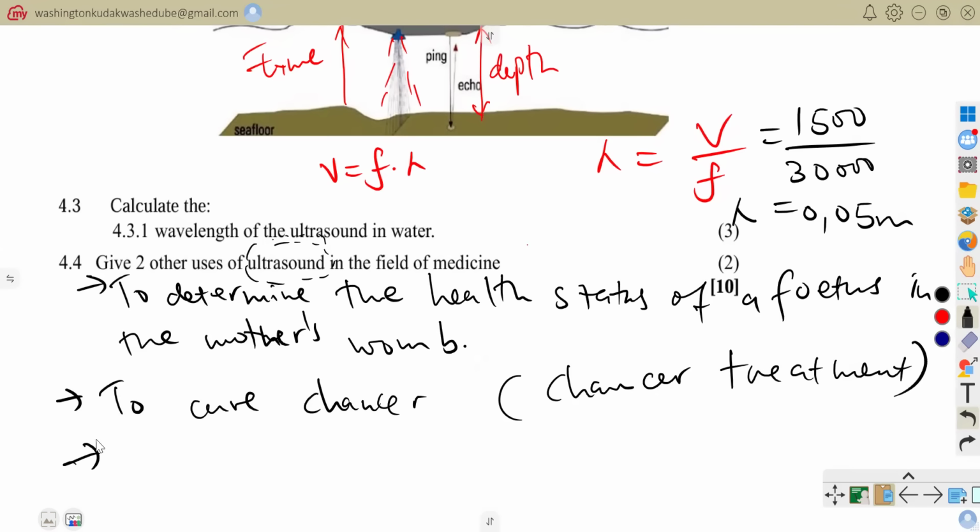And then it can generally be used to monitor or determine blood flow in the fetus in the womb, to know if the blood flow is moving in the right direction. I can give you these two because they said two other uses of ultrasound in the field of medicine.